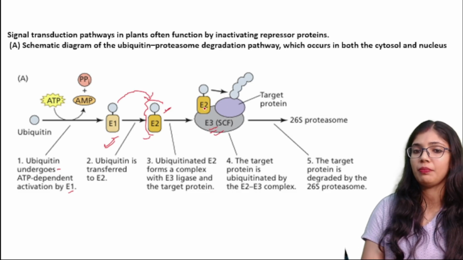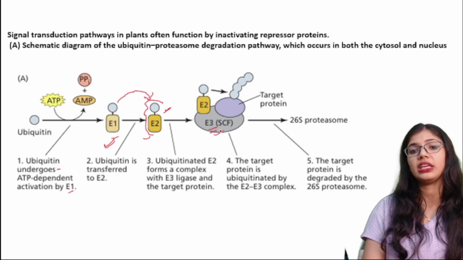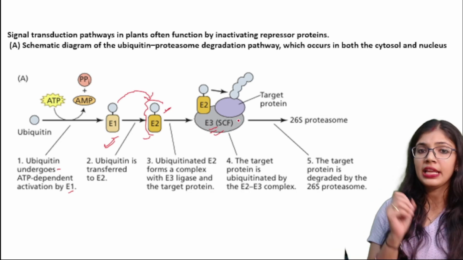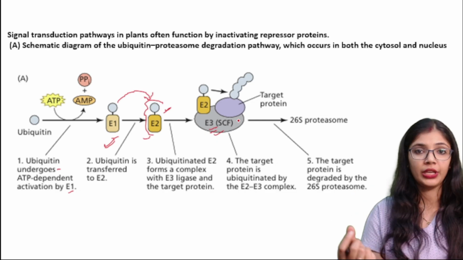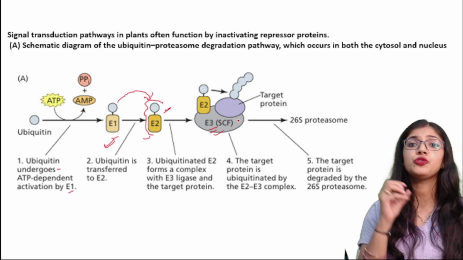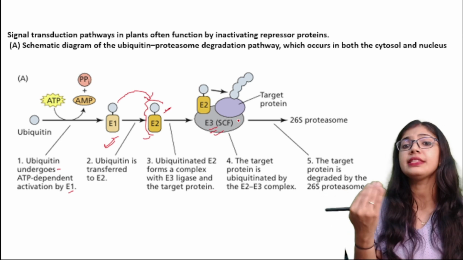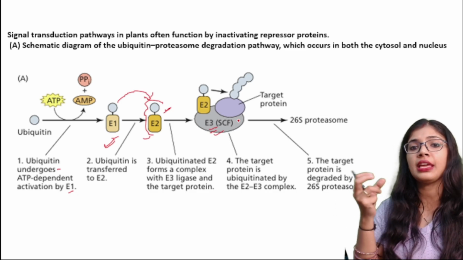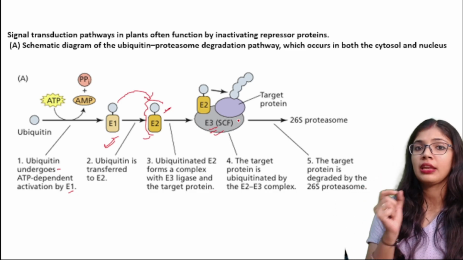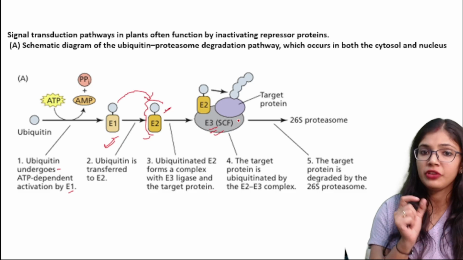Now it forms a complex. E2 makes a complex with E3 SCF, and E3 SCF has the capacity to target the protein. The protein which needs to be degraded, it calls that protein towards it. So there is binding with this target protein. Now E2 has the ubiquitin with it.